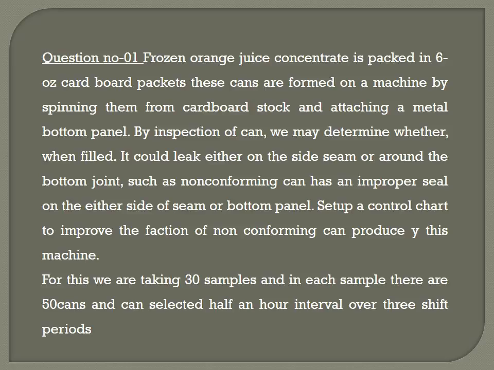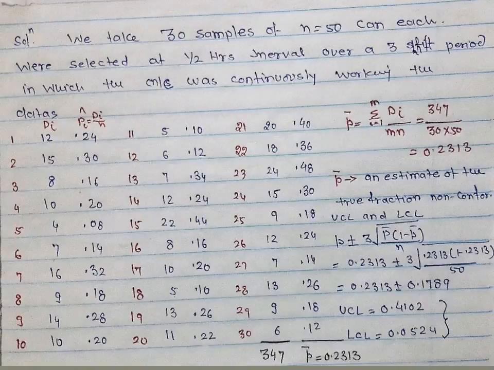That means in every shift we are collecting 50 cans. Now these are the results: 1 to 10, 11 to 20 and 21 to 30.